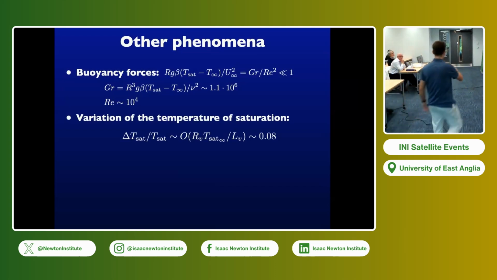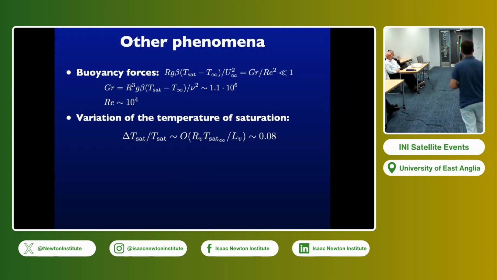Also, it's important to note that when the liquid is going along the sphere, pressure is changing because of changes in the velocity of the flow. That would eventually produce a change in the temperature of saturation, which is controlled by the Clausius-Clapeyron equation. We estimated variations in the temperature of saturation compared to the temperature of saturation at infinity, and we observed that those are of the order of the gas constant times the temperature of saturation at infinity divided by the latent heat of vaporization.